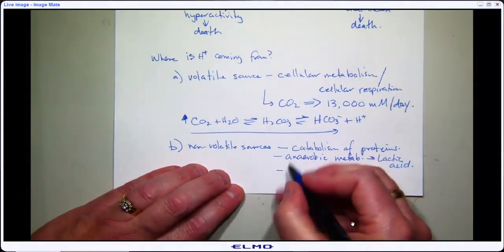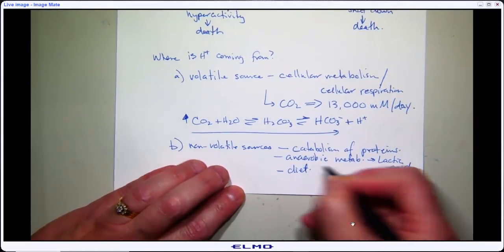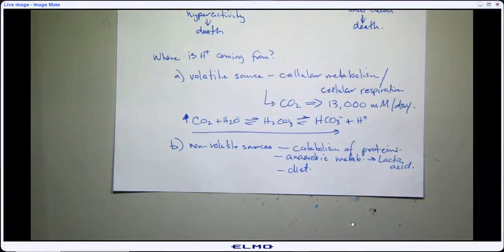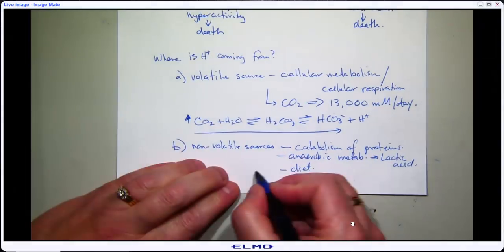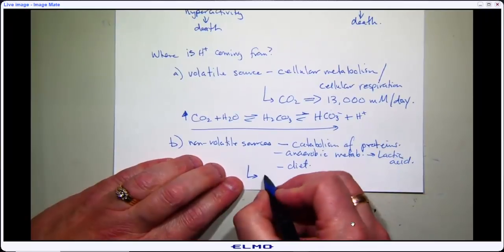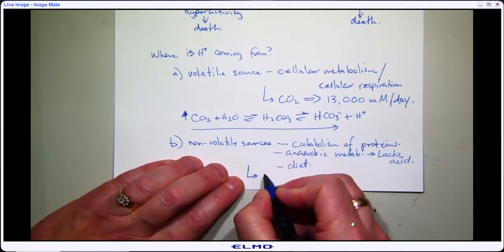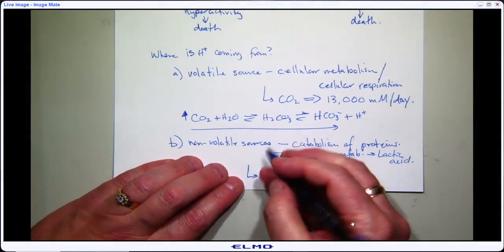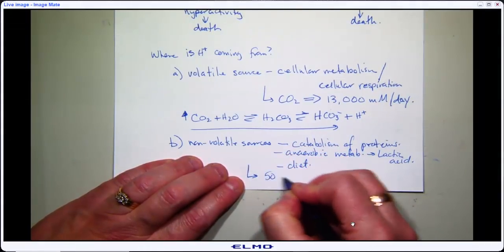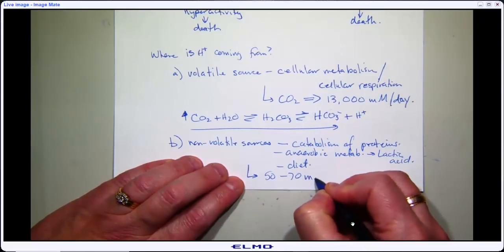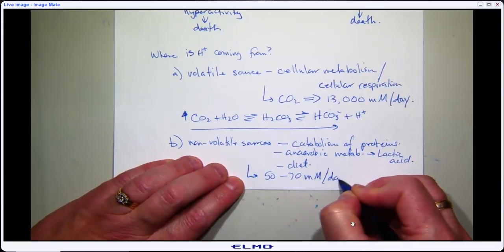You can bring all kinds of acids in your diet depending on what you're bringing in on a daily basis. Right? If you drink a lot of Diet Coke, that's very acidic, so you're increasing that acid load per day. So this load is a little bit less than our cellular respiration load, but it's still 50 to 70 millimoles per day.